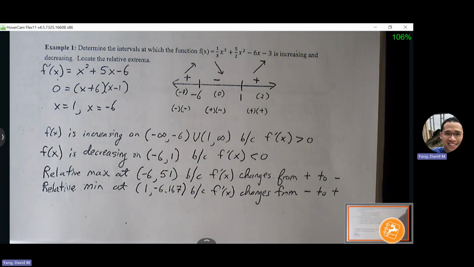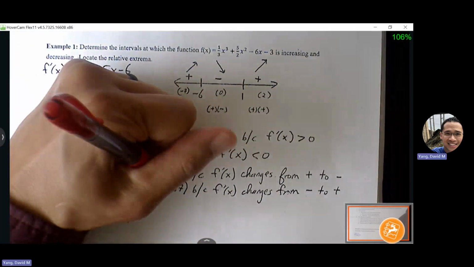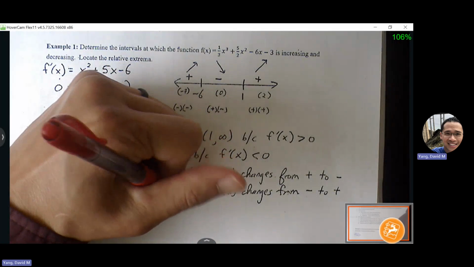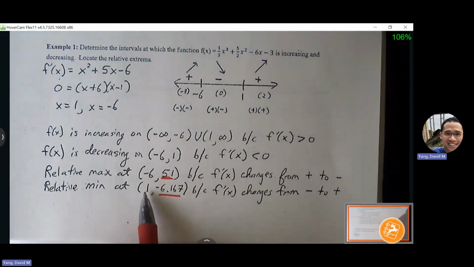Pay attention to those because statements. And the 51 and the negative 6.617, those came from plugging in these x values into the original function.